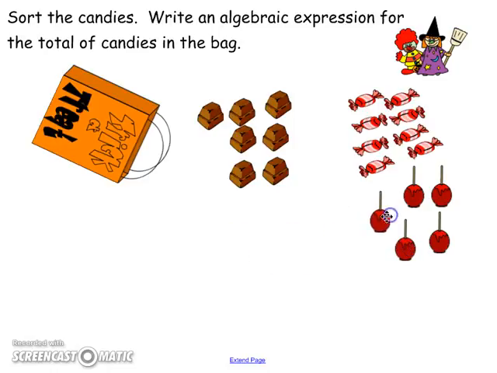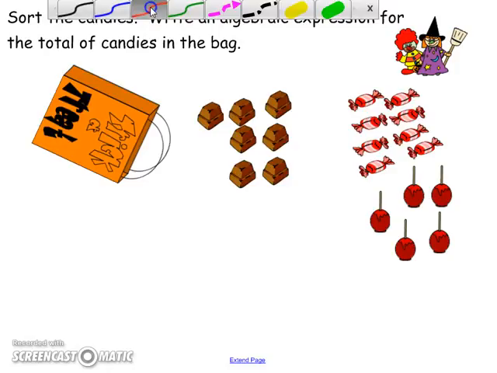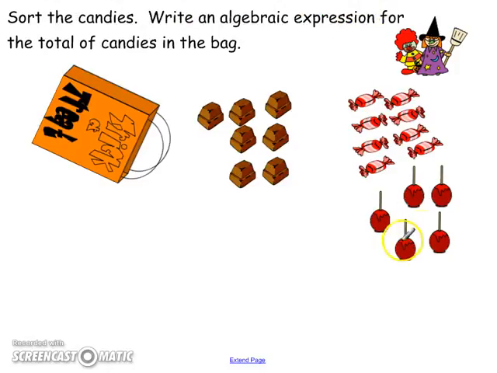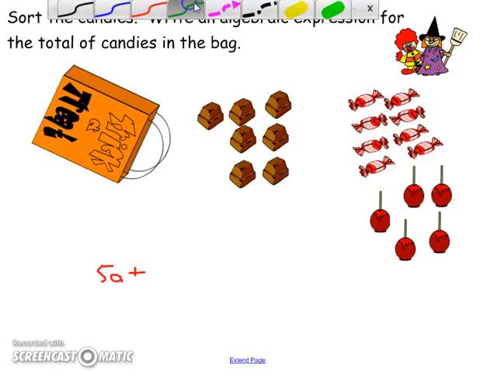Okay, so now I have them sorted by type. I can go ahead and write an expression for them. My candied apples, I have 1, 2, 3, 4, 5 of them, so 5A will be my expression for candied apples. But in the bag I also have bubble gums.